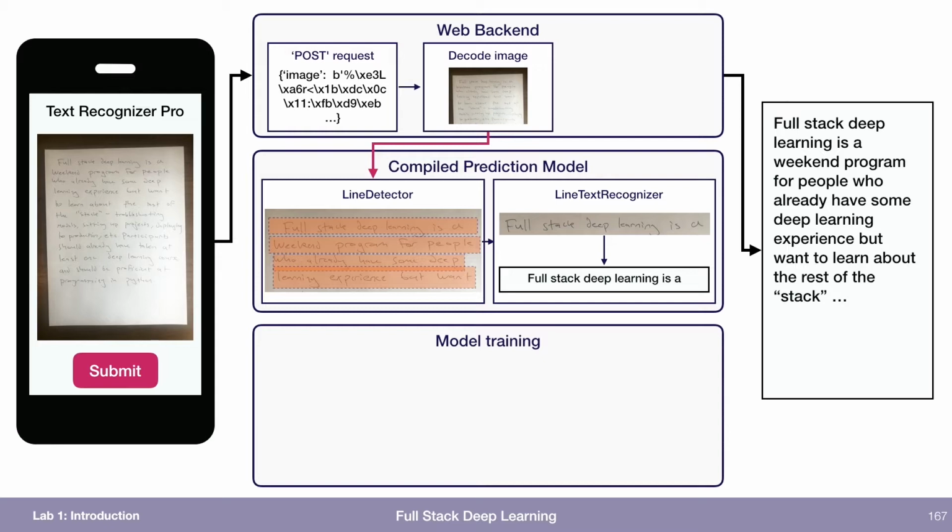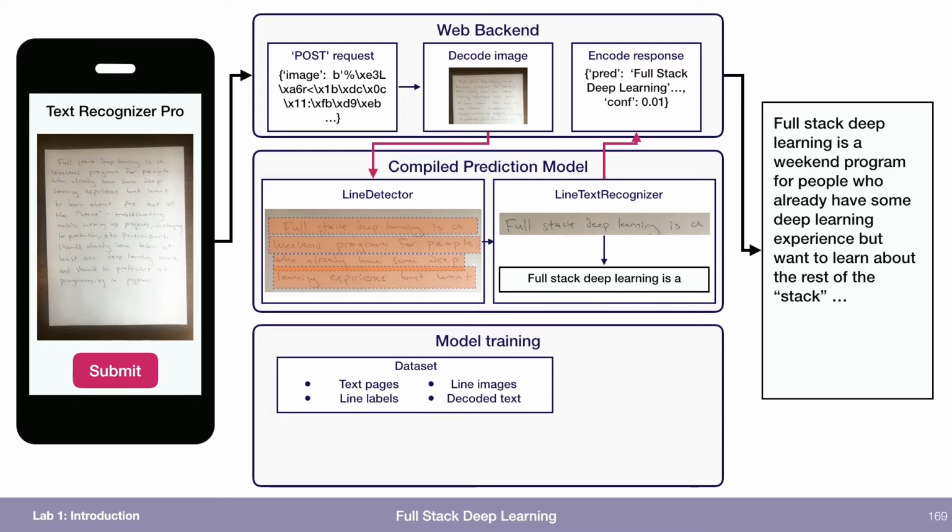Each of those individual lines of text is passed to a line text recognizer. And the job of the line text recognizer is to turn the words in that line into text. And then finally, the line text recognizer is going to send the results from each of the lines back into the web backend, encode that into a prediction, and serve it up as an API.